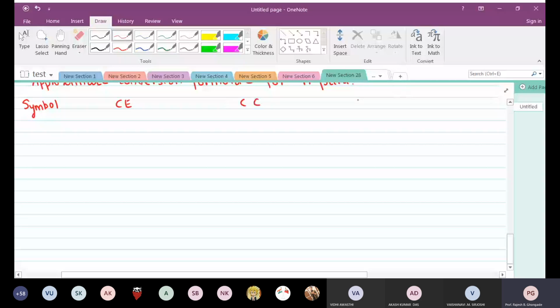So the symbol is HIE. Typical value of HIE for common emitter is 1.1 kilo ohms. Now, if I want to convert it for common collector, it is exactly the same, whereas for common base, I have this formula HIB divided by 1 plus HFB.